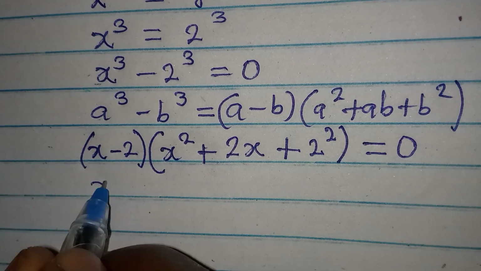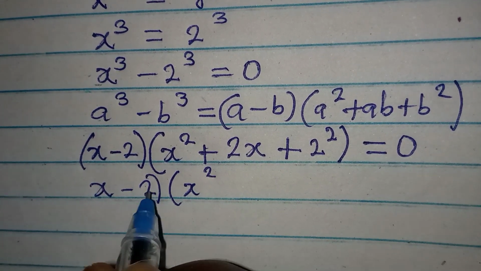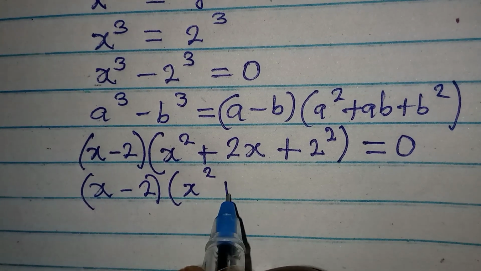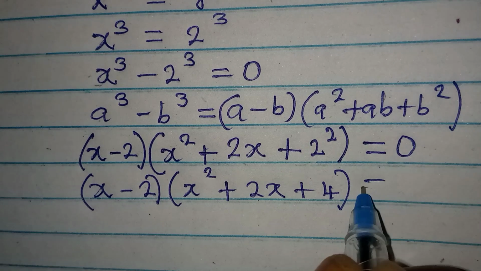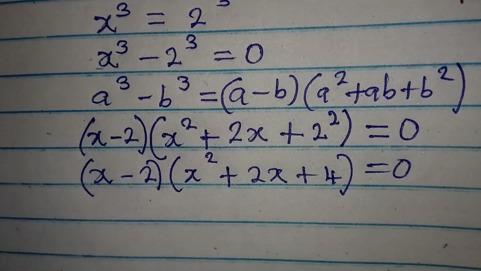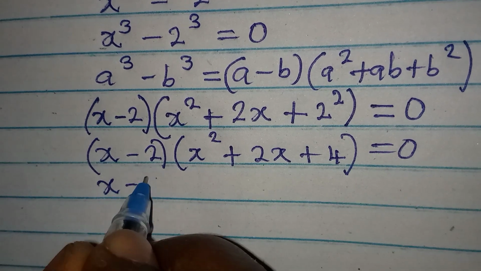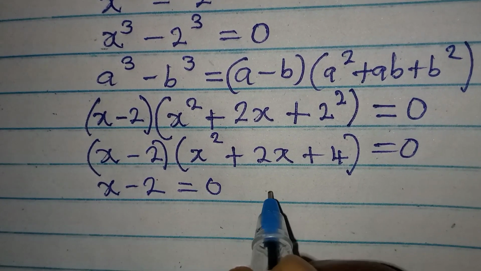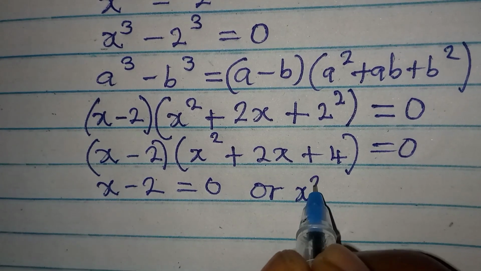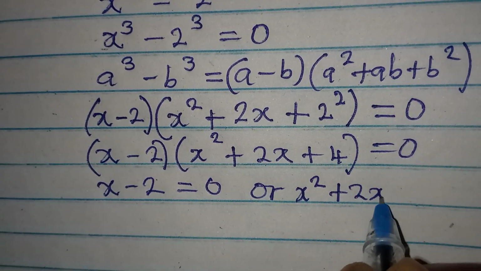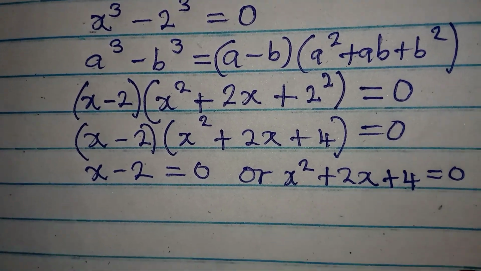Now from here, x minus 2 into x squared plus 2x plus 4, in brackets, is equal to 0. Then we can apply our zero product rule so that x minus 2 is either equal to 0 or the quadratic expression here, x squared plus 2x plus 4, should be equal to 0.